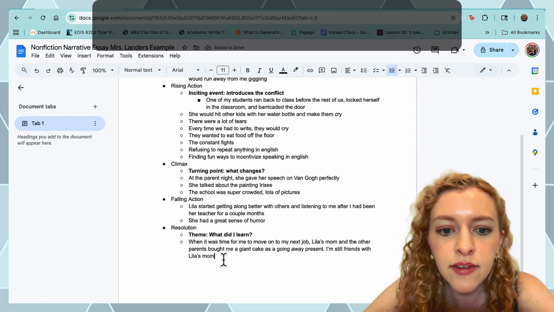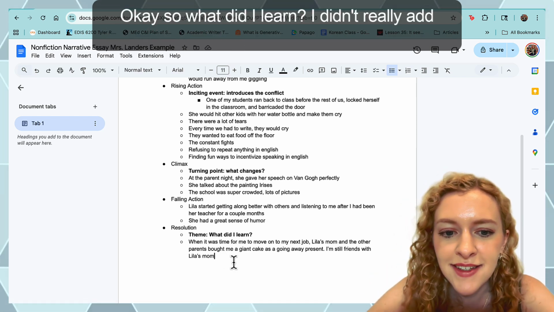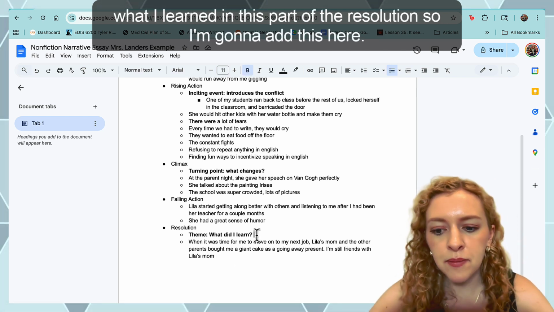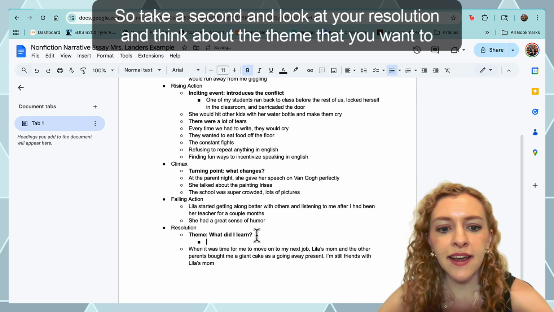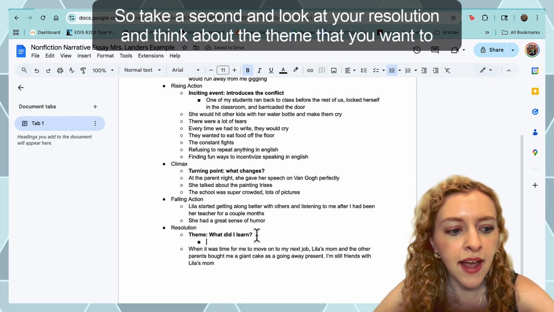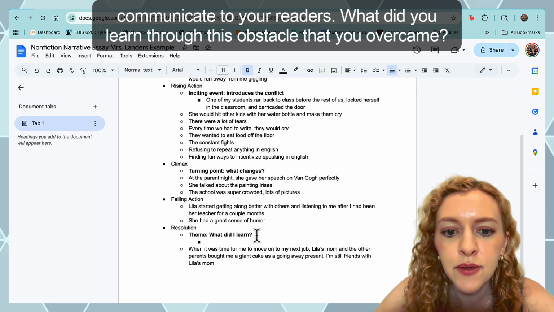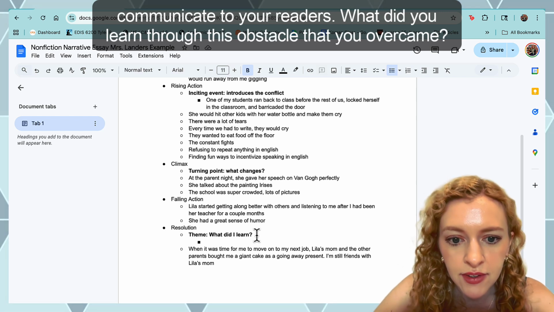And then the theme. Okay, so what did I learn? I didn't really add what I learned in this part of the resolution, so I'm going to add this here. So take a second and look at your resolution and think about the theme that you want to communicate to your readers. What did you learn through this obstacle that you overcame?